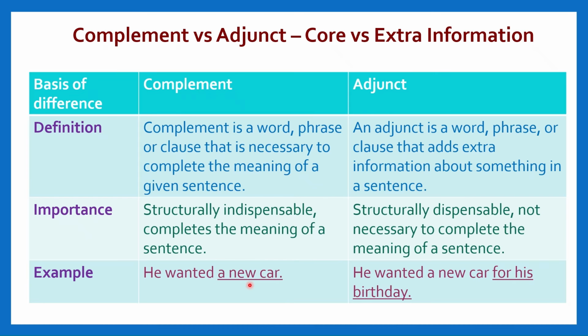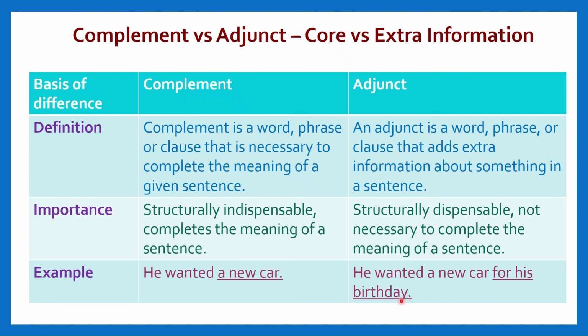So it is indispensable. On the other hand, an adjunct is a word, phrase, or clause that adds extra information about something in a sentence. It is structurally dispensable, which means it can be removed without affecting the basic grammatical meaning or sense of the sentence. That means the sentence can still make sense without it. In our example, he wanted a new car for his birthday.